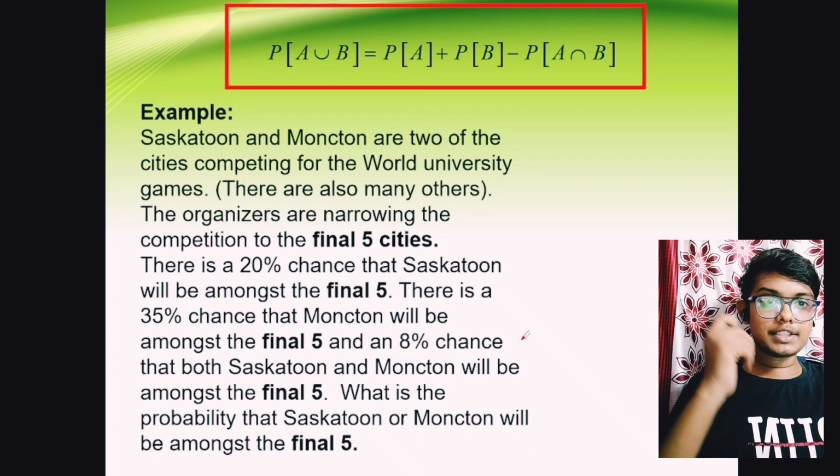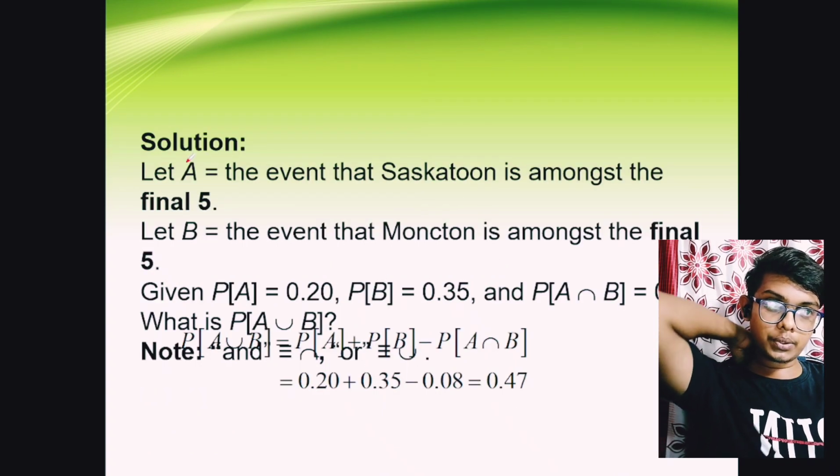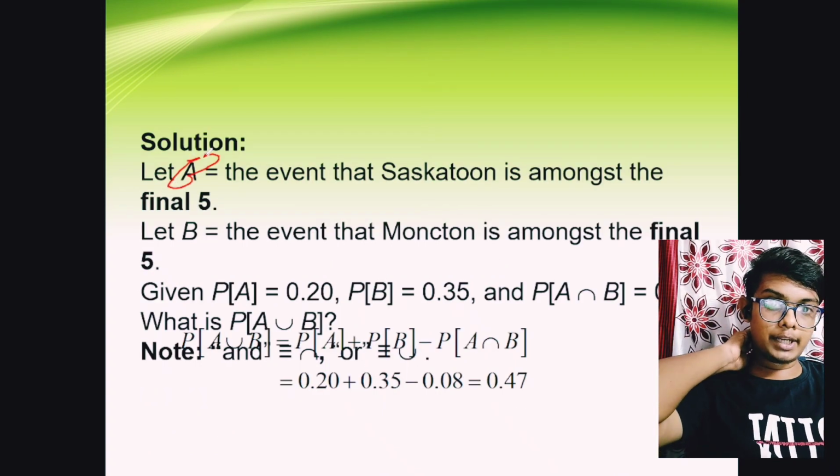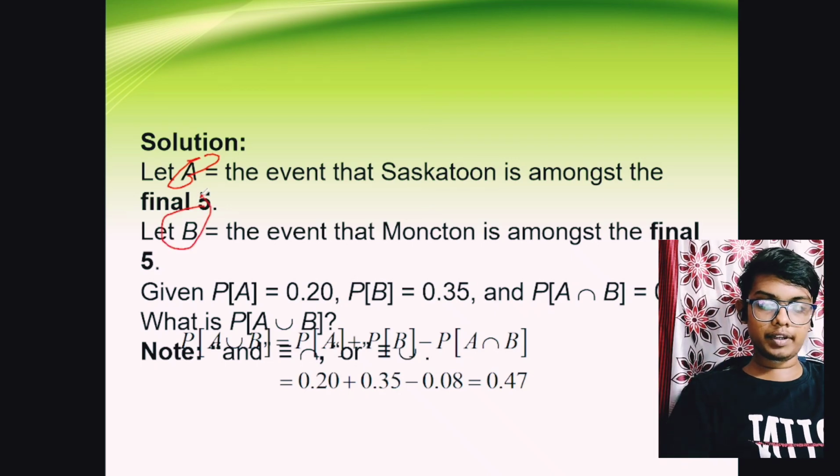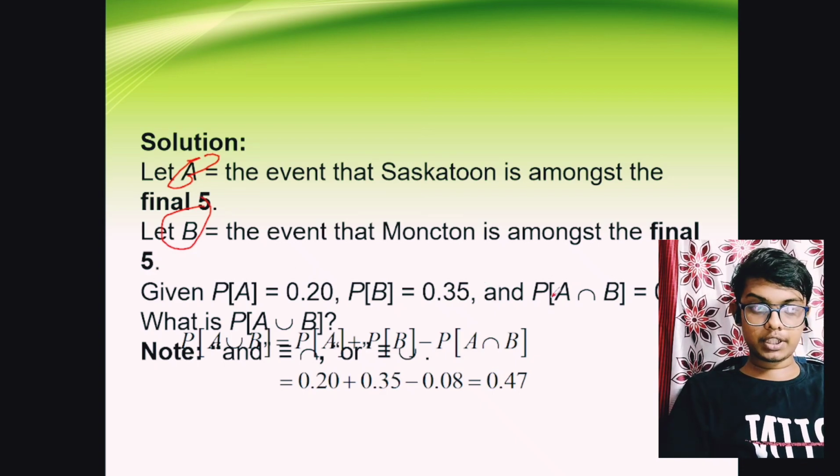Let A be the event that Saskatoon is among the final 5. Let B be the event that Moncton is among the final 5. Given P of A is equal to 20%, that is 0.20. P of B is equal to 35%, that is 0.35, and P of A intersection B, which means both reach the final, is 8%, so 0.08.